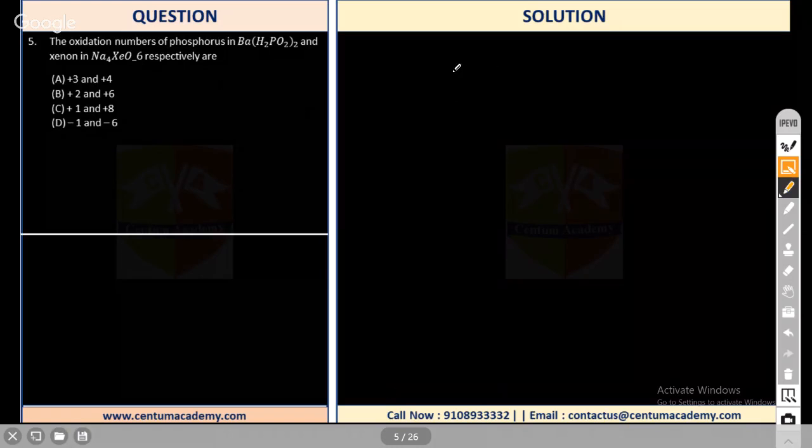Okay, you see the molecule is Ba(H2PO2)2, whole twice, make it close.